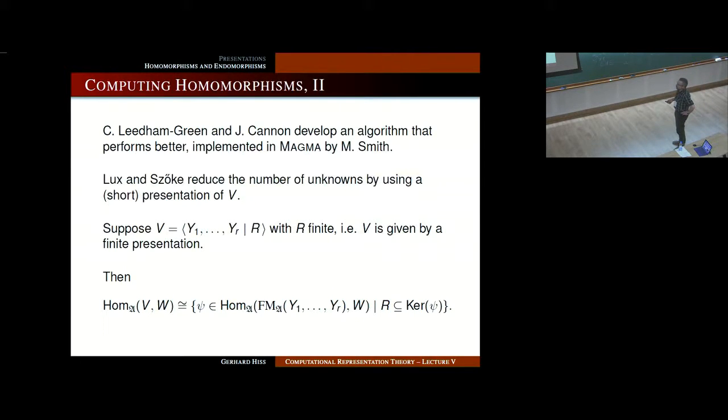Then it's easy to see, or it's clear from the definitions, that the set of homomorphisms between V and W is the same as the set of homomorphisms from this free module into W, which have the relations in their kernel. And of course, it's easy to define homomorphisms from a free module. You just assign to the generators elements in W.